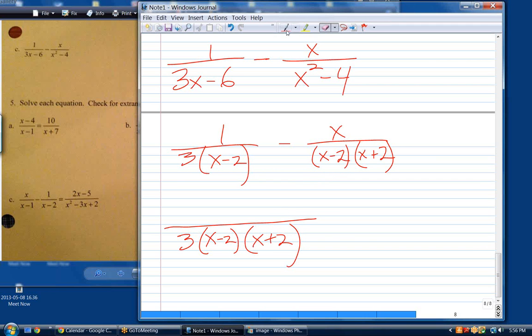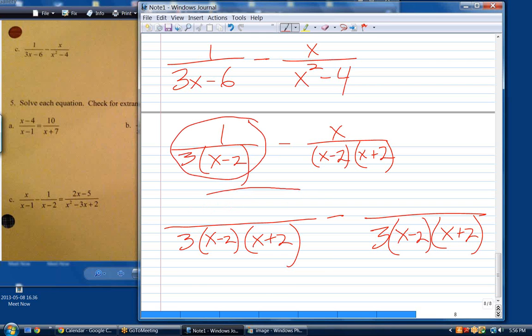So there's my common denominator. Now how does the numerator have to read to give me this denominator on the left? What do I need in the numerator on the left so that this equals this?